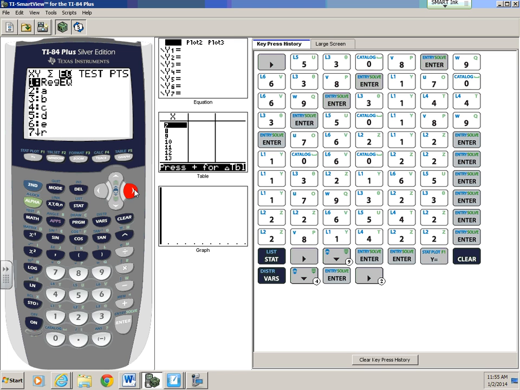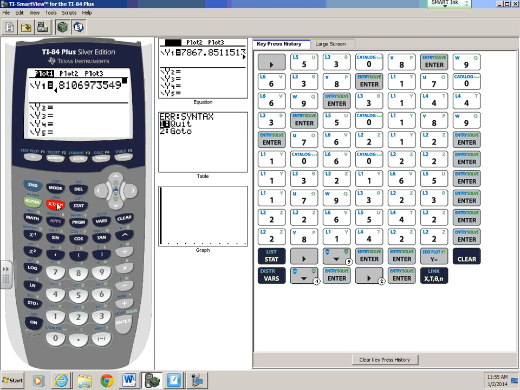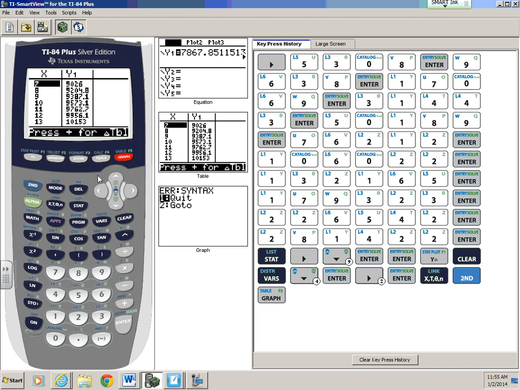Put in the x. Now I want to go to my table of values. Now, here's part of the problem. We were counting by 20s, while the table is counting by 1s in the x. So this could take us a long time.